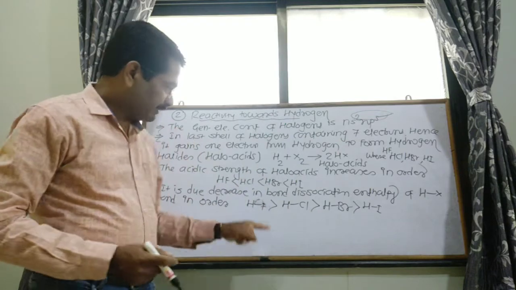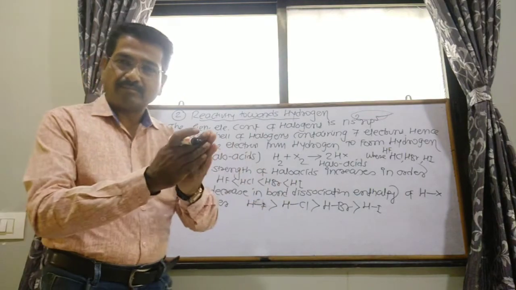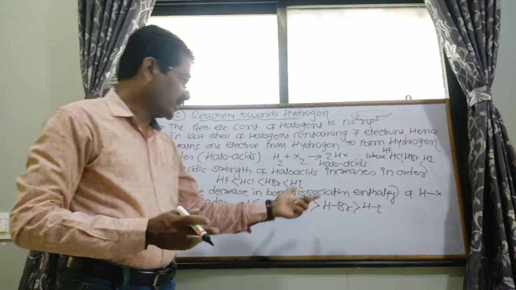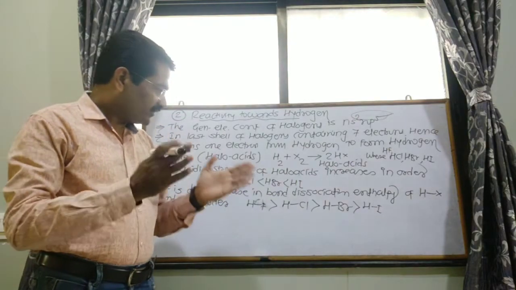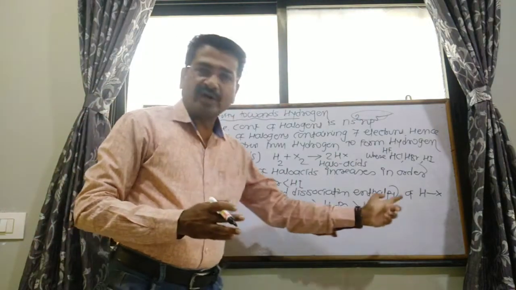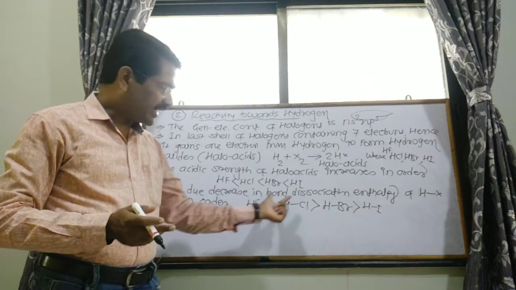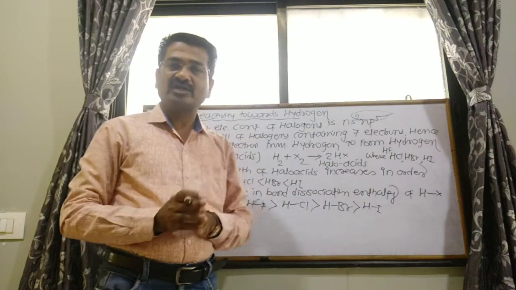The bond in hydrogen fluoride is broken by using enthalpy, which is called bond dissociation enthalpy. The amount of energy required to break the bond between hydrogen and halogen, whether in hydrofluoric, hydrochloric, hydrobromic or hydroiodic acid, is called bond dissociation enthalpy.